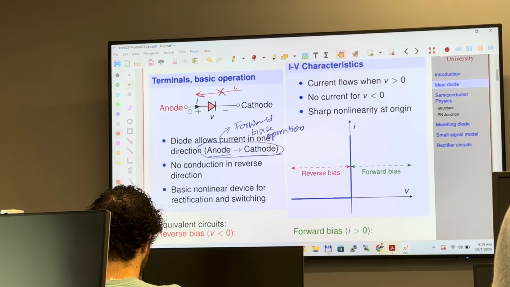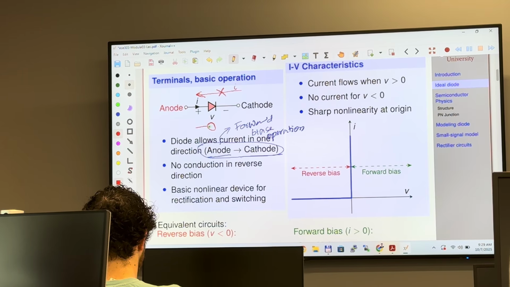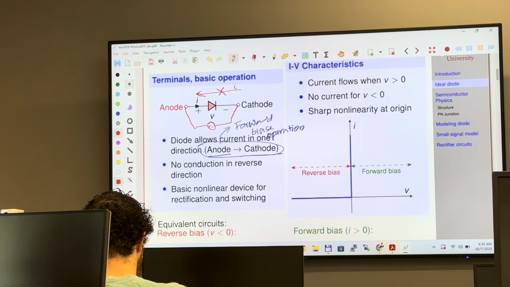If we have this voltage, the voltage here from anode to cathode, you can just think of this as a voltage source. V is the voltage of anode with respect to cathode. Make sure you understand, guys. It's very important because you will be dealing with the bridge rectifier.